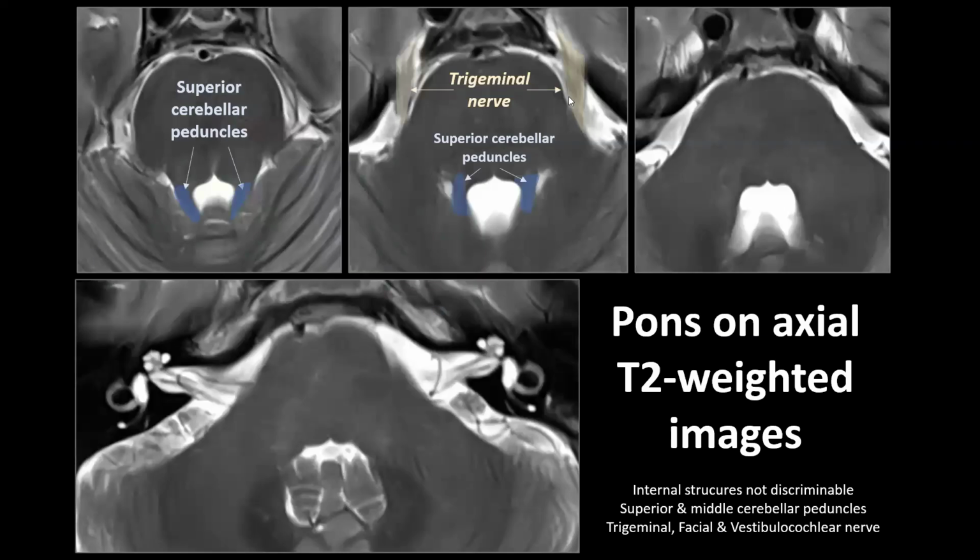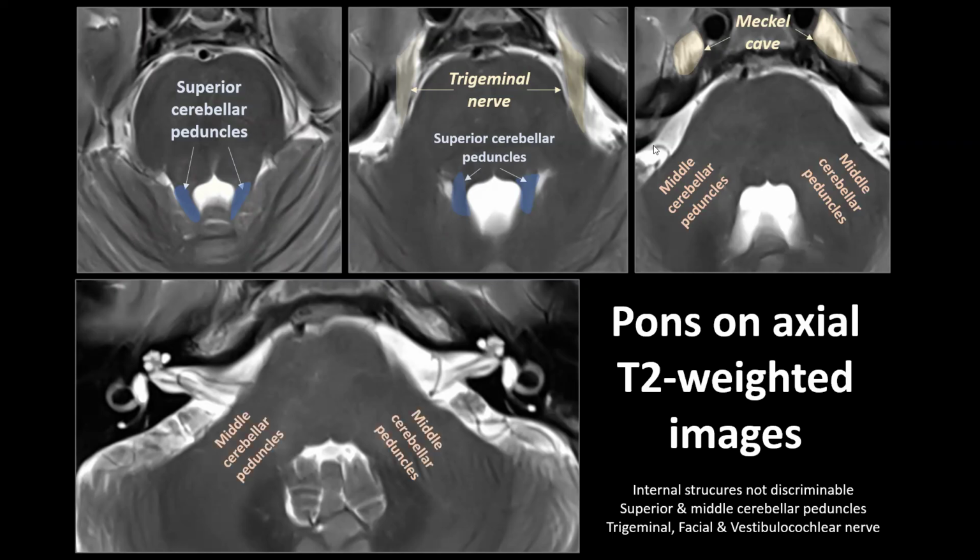It is the thickest cranial nerve, so very easy to recognize, and then enters Meckel's cave, where we find the Gasser ganglion, as you know. We can also recognize the middle cerebellar peduncles without much difficulty, as well as the facial colliculus and the vestibulocochlear and facial nerve, which we can see over here. And here we have the cochlea and the vestibulum and semicircular canals.